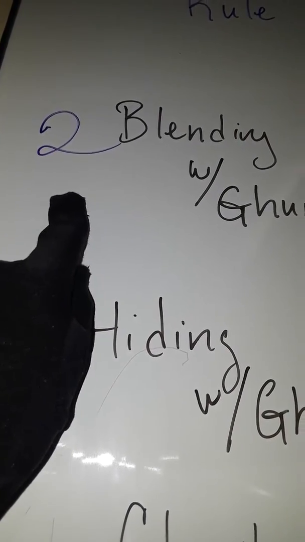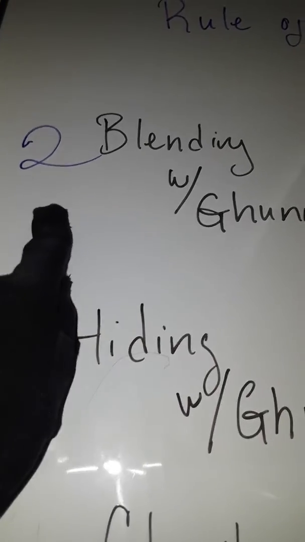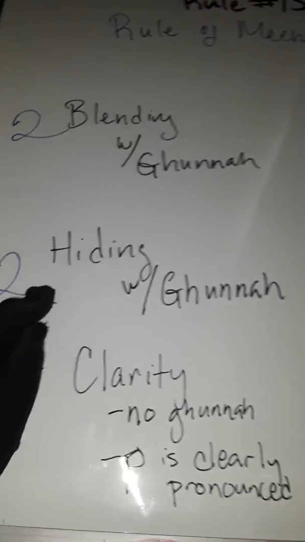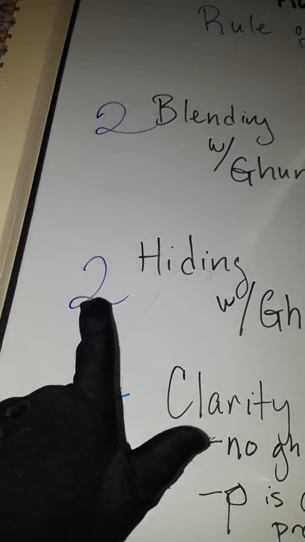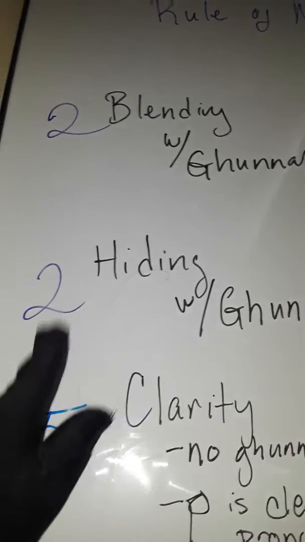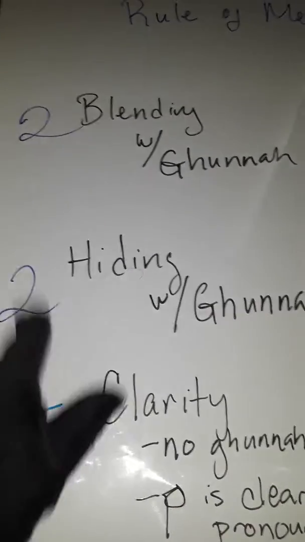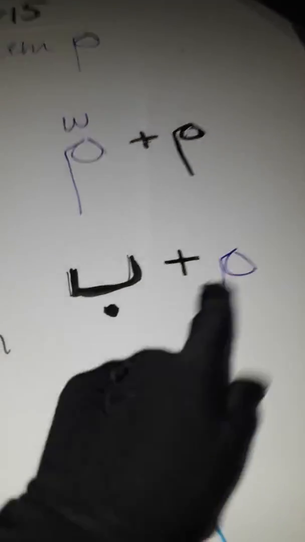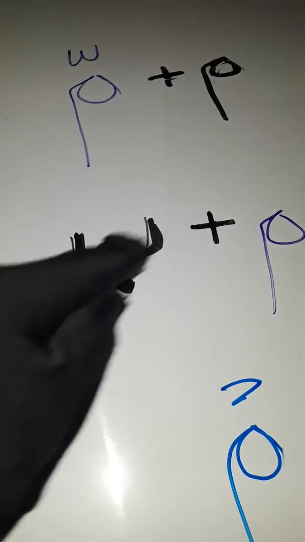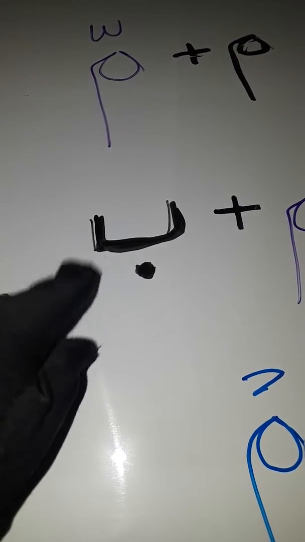That is pretty self-explanatory. The second one is basically the same rule. It's called something else only because these are different letters. But basically, you're going to do the same thing: ghunna for two. In this case, there's the meme with nothing on it, and then there's the ba at the beginning of the next word.